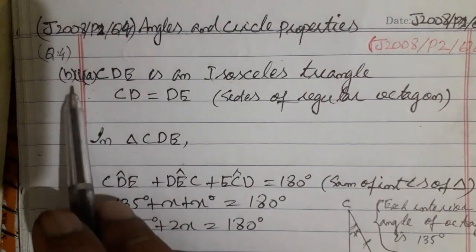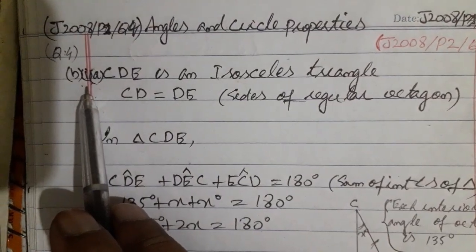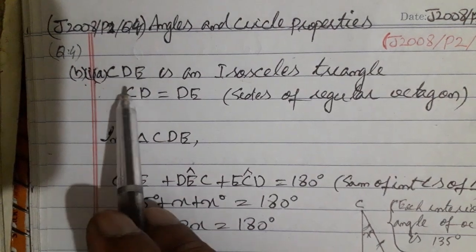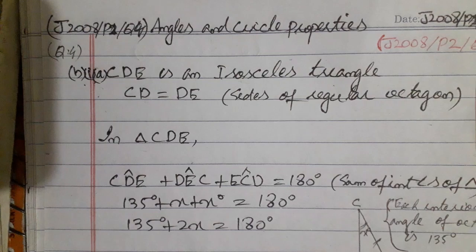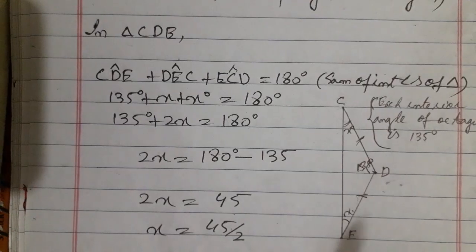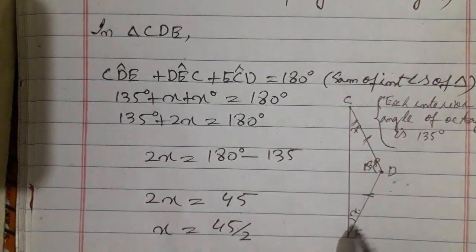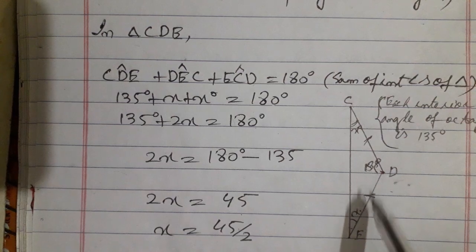Question 4, B, first part. CDE is an isosceles triangle.